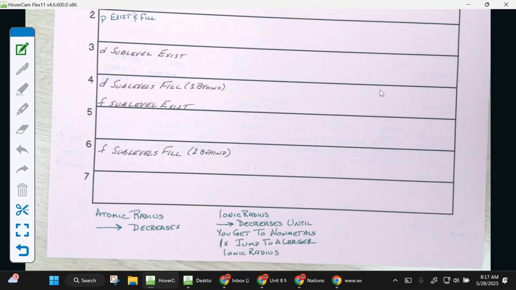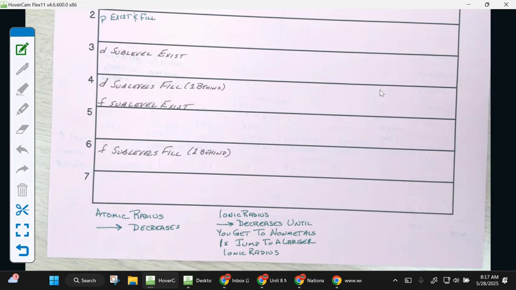Okay? So within the metals, further to the right means smaller for ionic radius. Within the nonmetals, further to the right means smaller for ionic radius. But for a metal to a nonmetal, metals are always smaller than nonmetals in the same period. Always smaller.